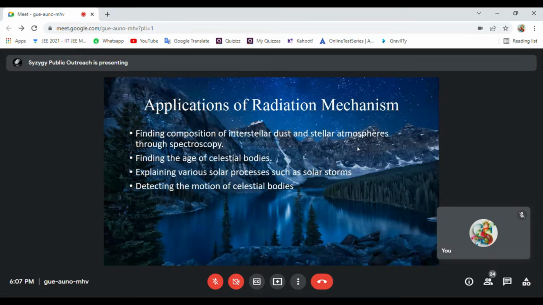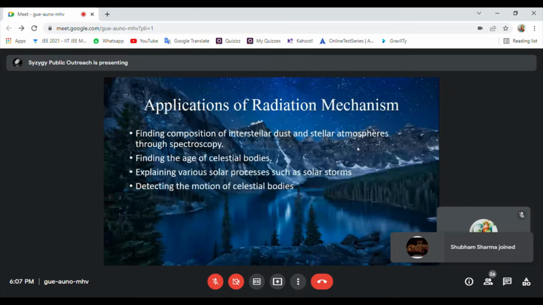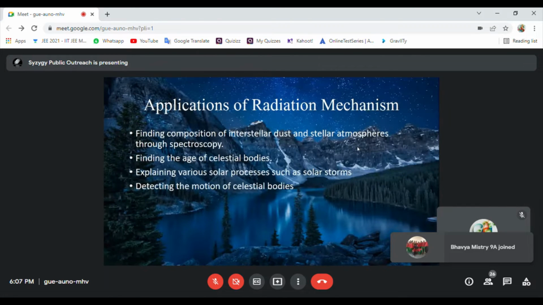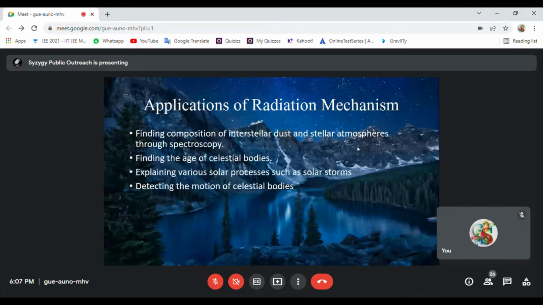If a star is mostly composed of hydrogen, helium, or any lighter elements like beryllium, boron, or anywhere around carbon, then we can say that the star is pretty young. And if it contains elements such as scandium, calcium, or elements around iron, we can say that it is approaching its death.